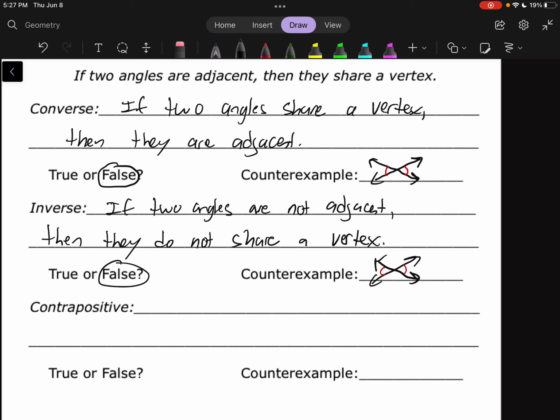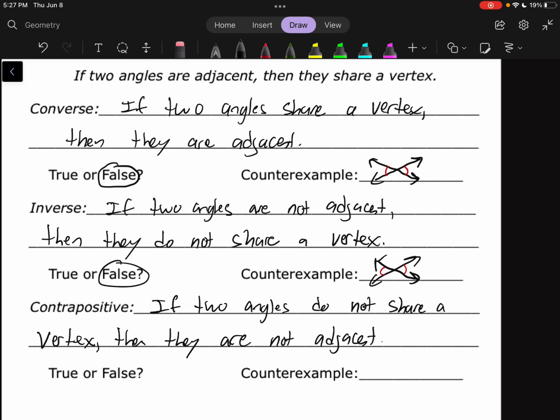Now, contrapositive, remember we're going to switch and negate, so this is going to be if two angles do not share a vertex, then they are not adjacent.